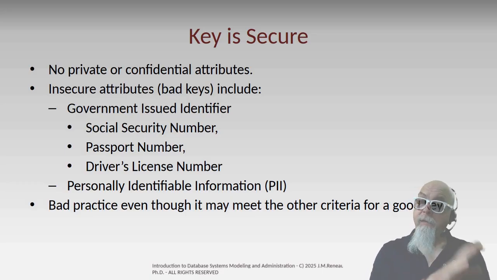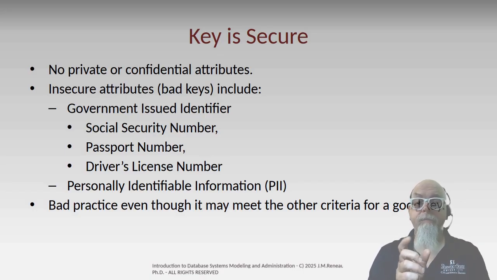While they might meet the previous constraints of unique, not null, and simple, it's still not a good idea to use these special things as a key. For instance, using a birthday as a key. That's probably not something you want to expose to the entire system. Using a social security number, passport number, those kinds of things. You need to not use private or confidential attributes as a key.